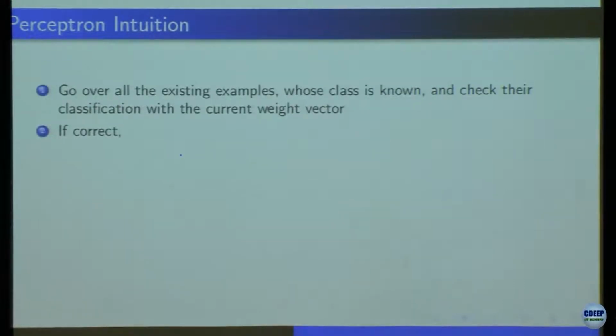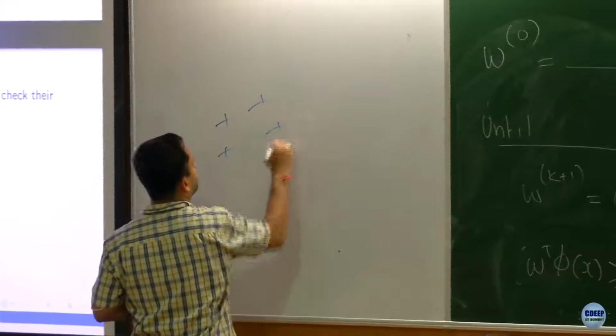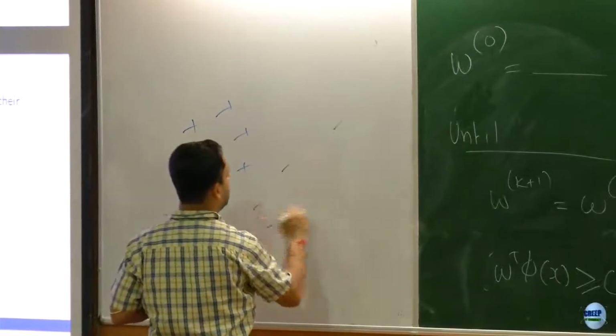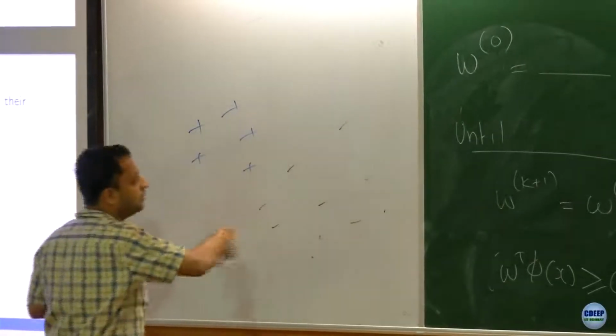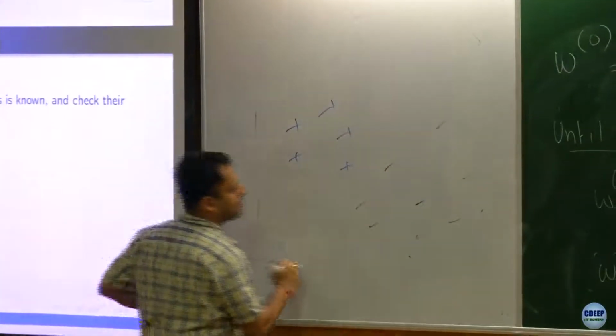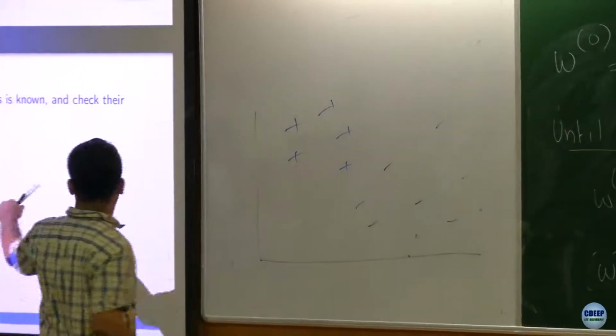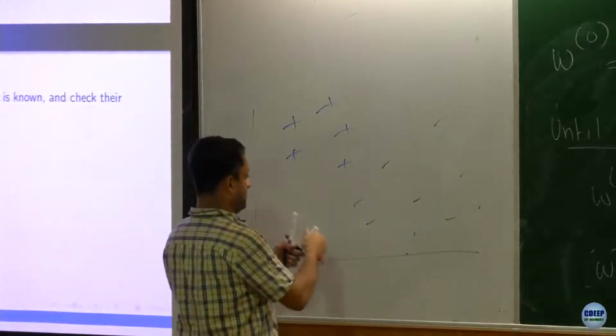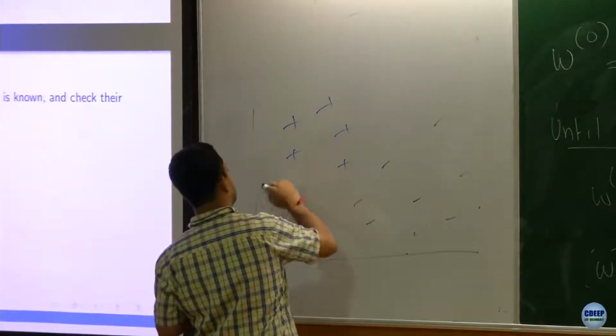Going over all the existing examples. So let's say I have these positive and negatively labeled examples. I'm going over all of them. If a point is already correctly classified, so let's say my W0 was here.